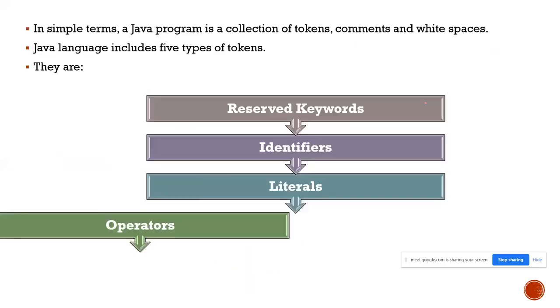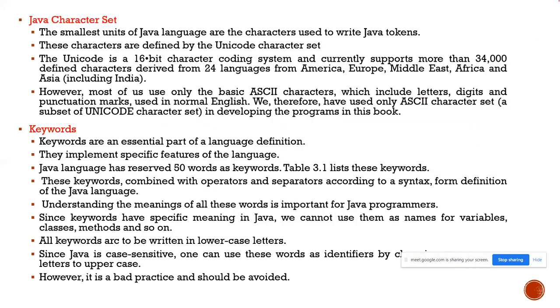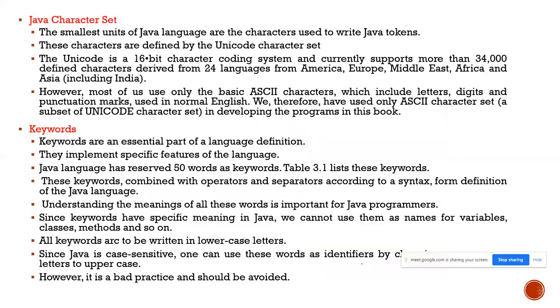These 5 terms: keywords, identifiers, literals, operators, and separators. Reserved keywords. What are the keywords reserved especially in Java, as you have learned in C and C++? And the difference between identifiers, literals, operators, separators, everything you're going to learn.